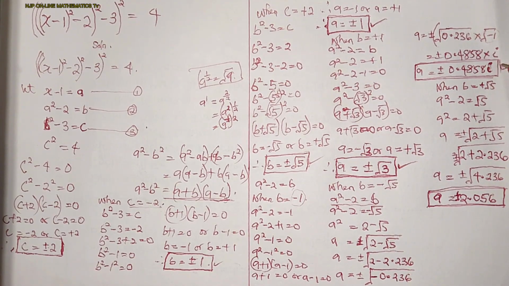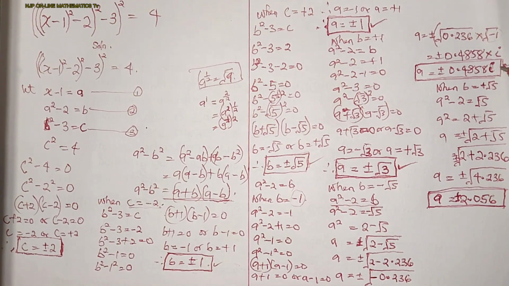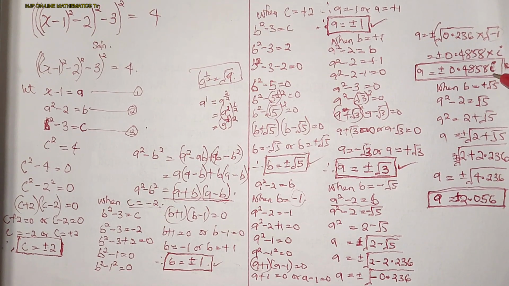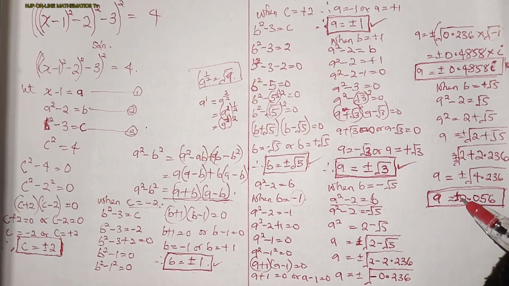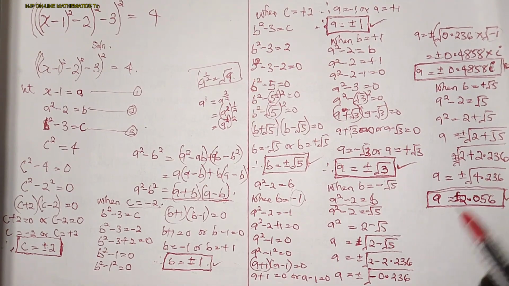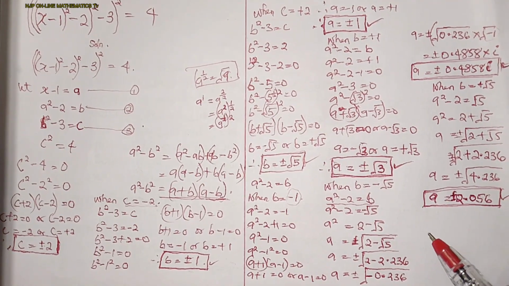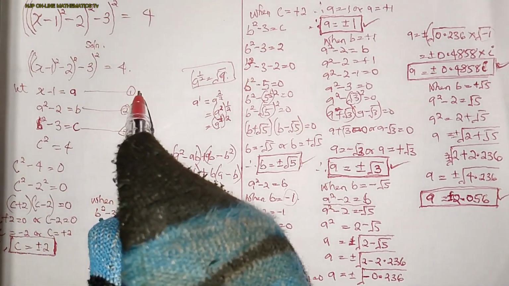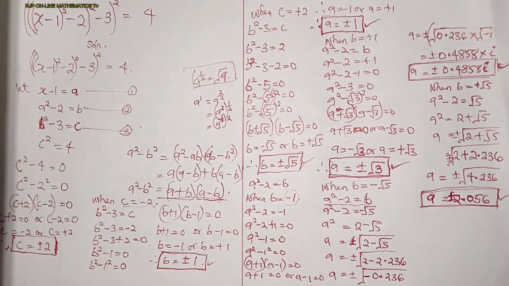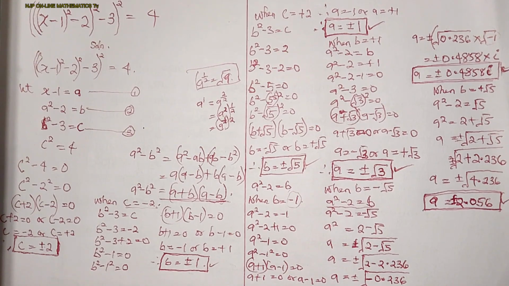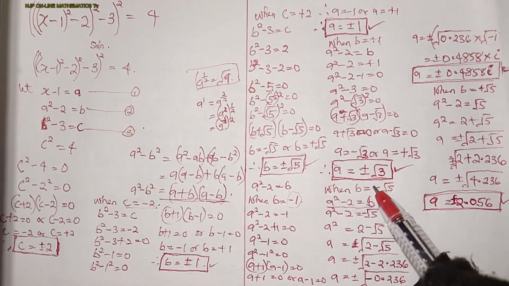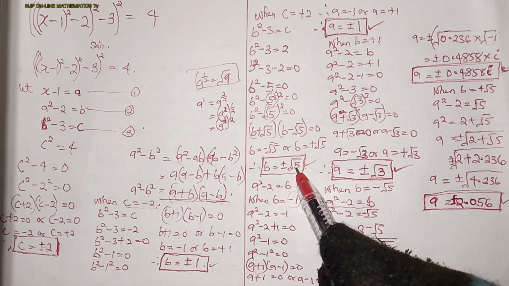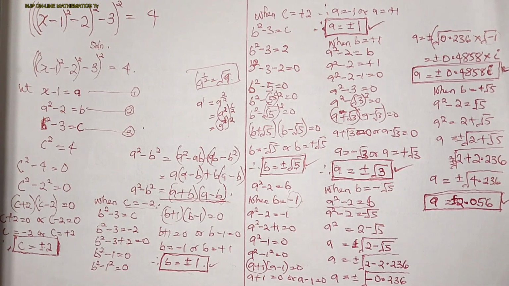The third is when A has an imaginary value of 0.48 i, and A equals positive or negative the root of 2.056. These are the 4 values of A, which we can substitute into equation 1. So since we have obtained the 4 values of A, that's only when B is positive or negative root 5. So we are done substituting the values of B.